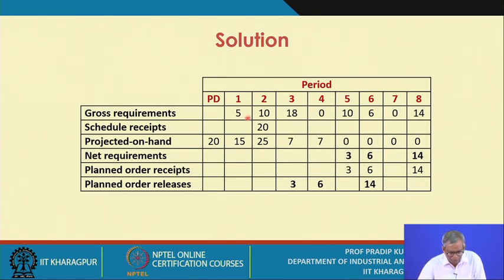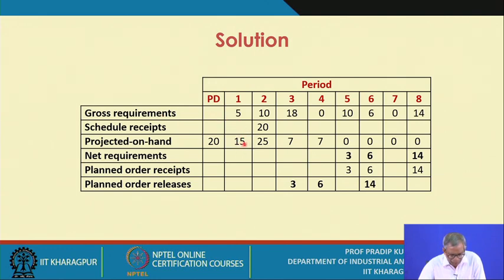So the gross requirements are these, and 20 is the scheduled receipt in the second time period. So the projected on hand is 20. Obviously this will be your projected on hand after the gross requirement.